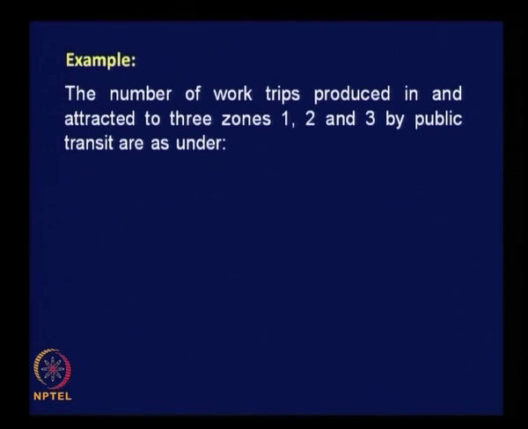This pertains to work trips, data is already segregated based on trip purpose, and mode is public transit. So what you get here is segmented data at 2 levels, one based on mode used, other one based on trip purpose.